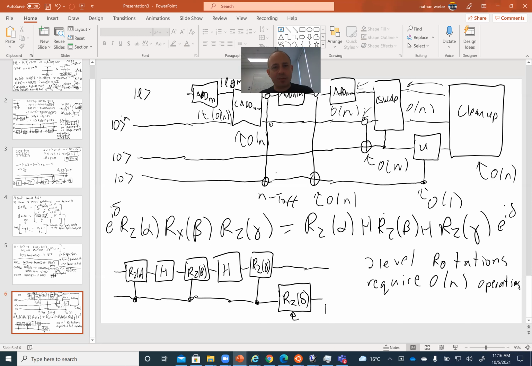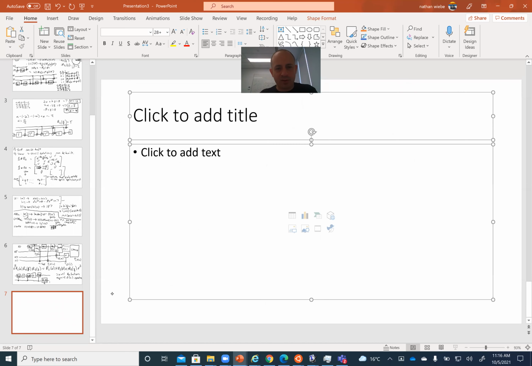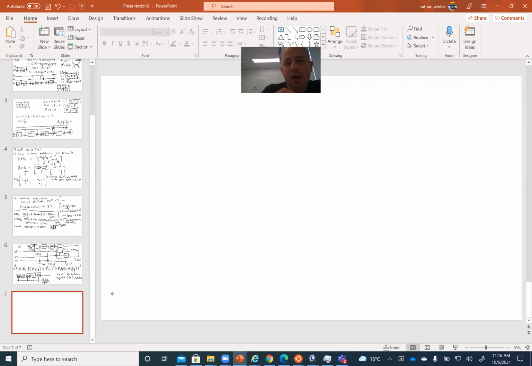So I'm running out of time, but let me just conclude here by giving you an idea about where the last step is going. The last step that we want to do with this is that we have a matrix that's going to be of the form A, B, C, D, E, F, G, H, I, J, K, L, M, N, O, P, right?